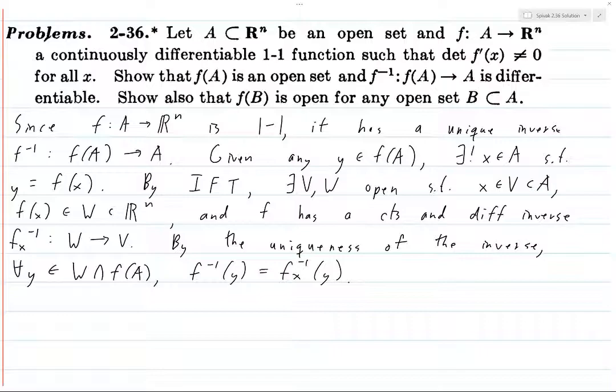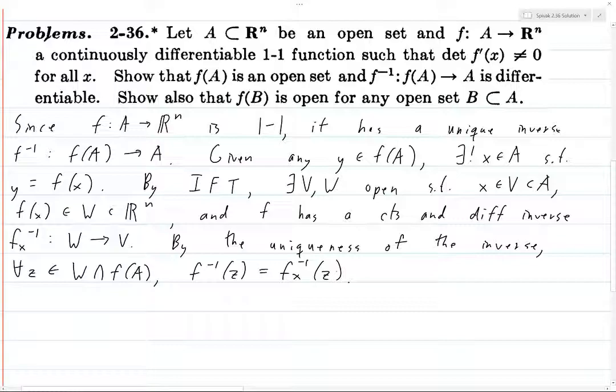Right? Because f is 1 to 1, so there is a unique inverse at any point. So there is a unique point x. So first of all, I guess I shouldn't be using y here. Let's call this z, so it's fx inverse of z.